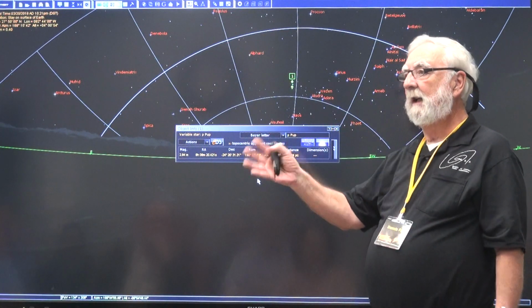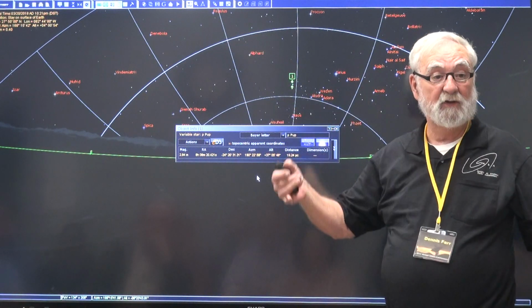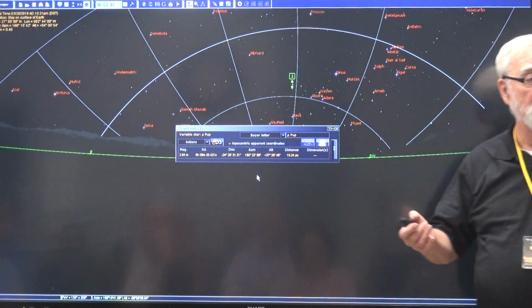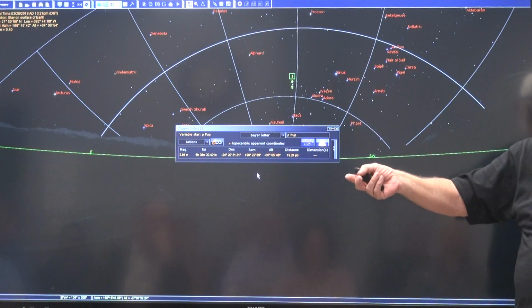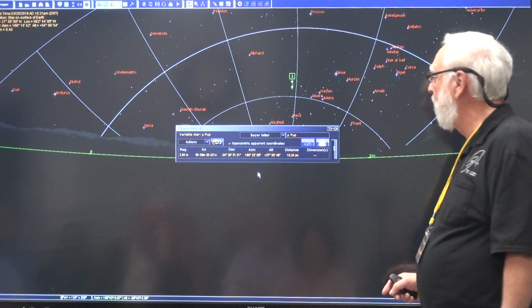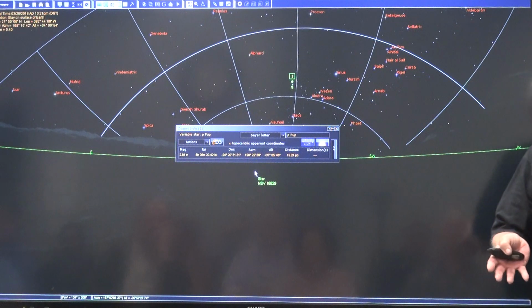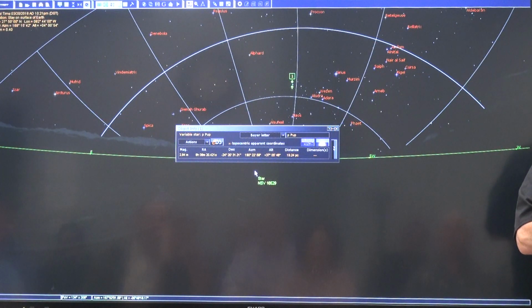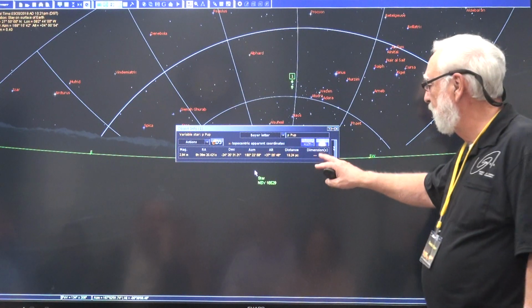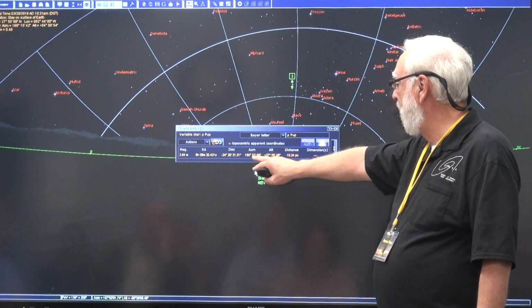So, let's say that there's a target that I want to see with my radio telescope. A star would never be, but let's say it's Cygnus A. I set my clock to be 5 minutes before when I want to observe, and I get the readings: altitude and azimuth.